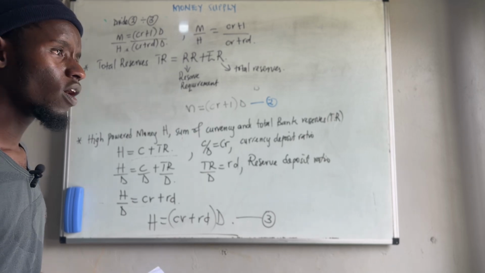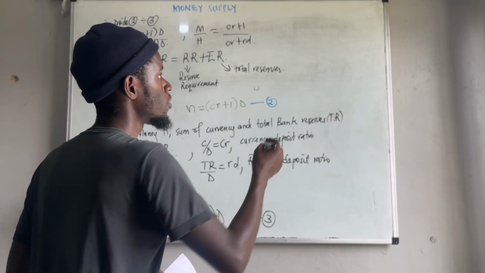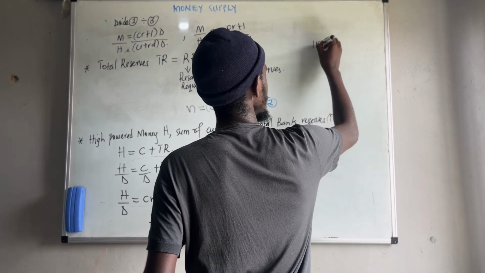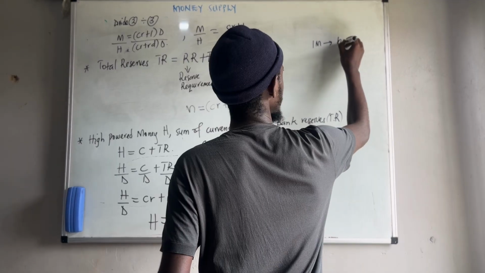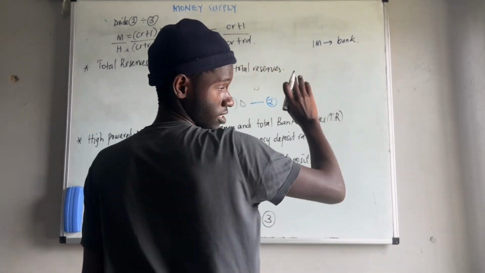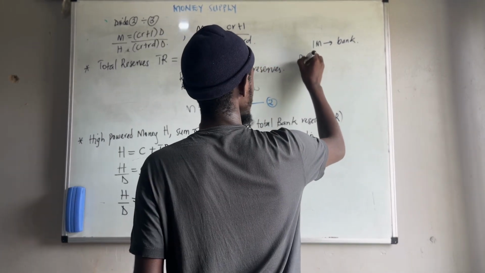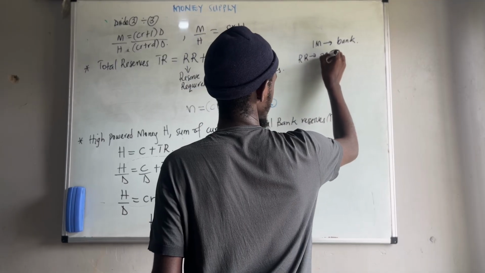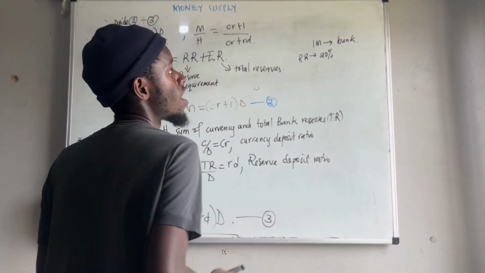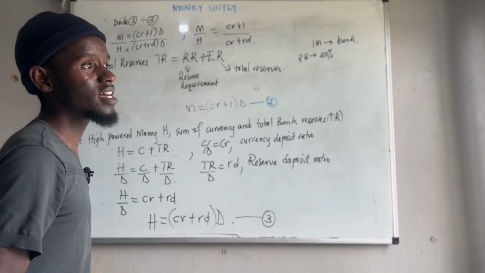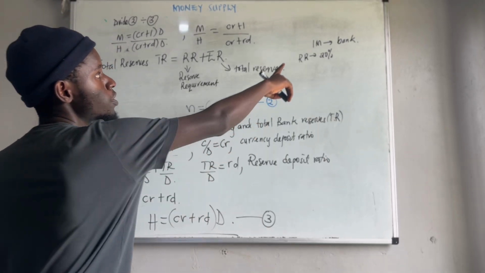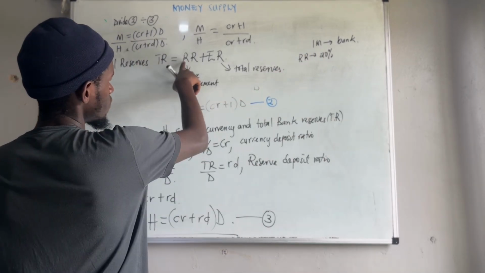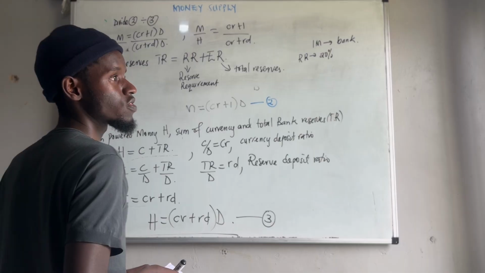Let us take an example. If someone deposits 1 million in a bank, and the reserve ratio is 20%, then that commercial bank has to keep 20% of this 1 million as the reserve requirement with the central bank.